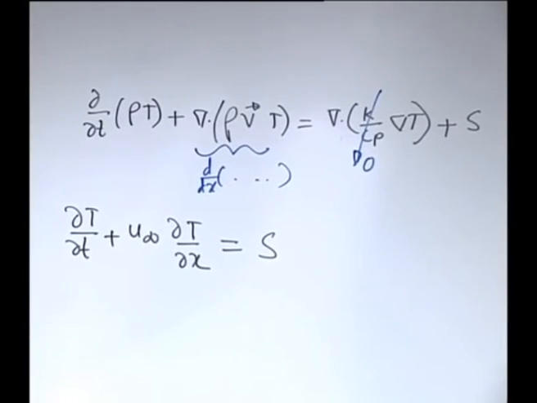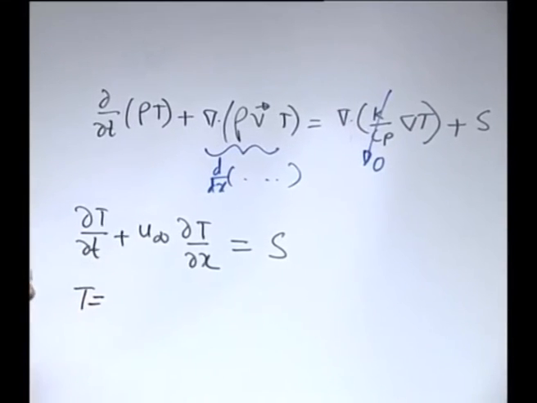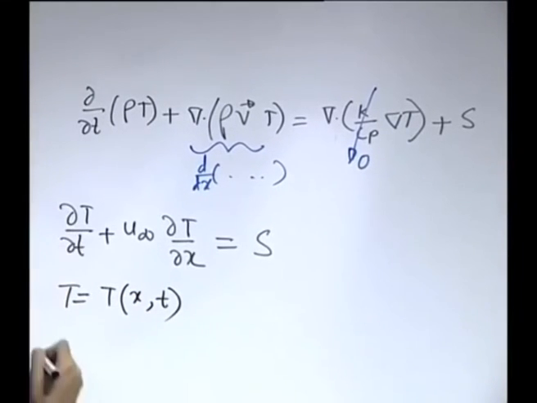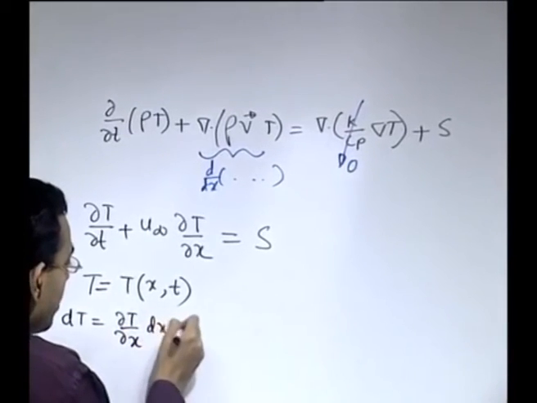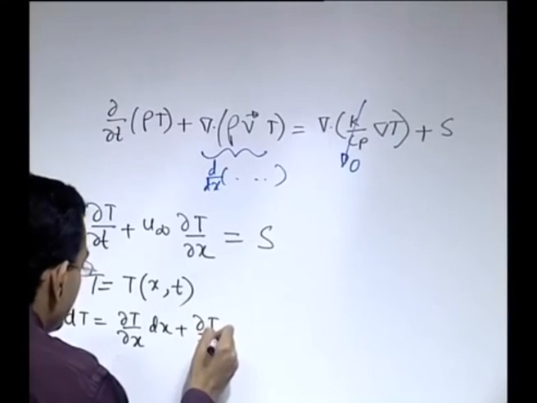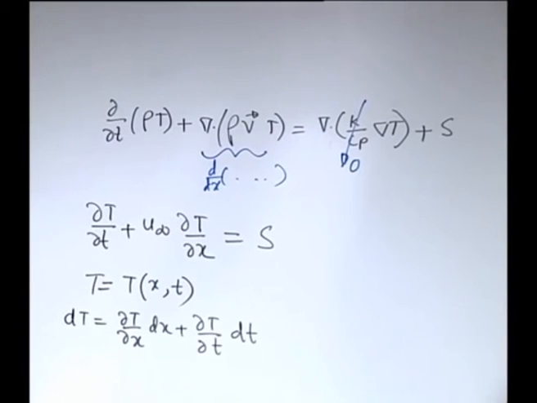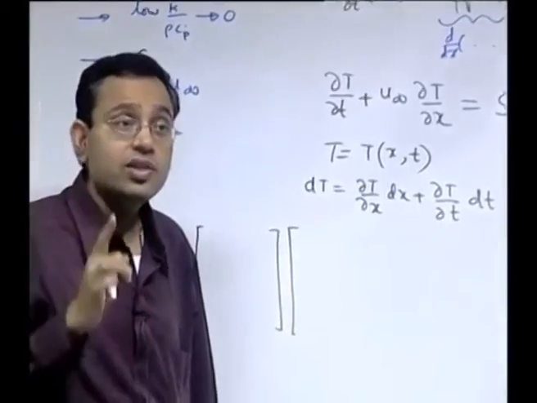Let us try to find out the characteristic of this equation. T is a function of x and t. So, you can write dT as del T del x into dx plus del T del t into dt. So, just like what we did for a second order partial differential equation, for first order what are the variables for which we should look for the discontinuities across the characteristic? The first order partial derivatives.